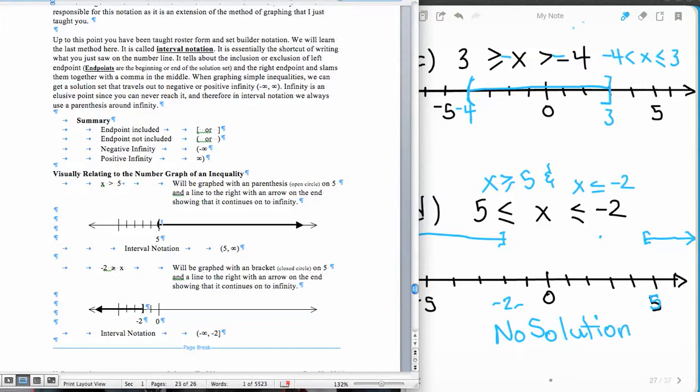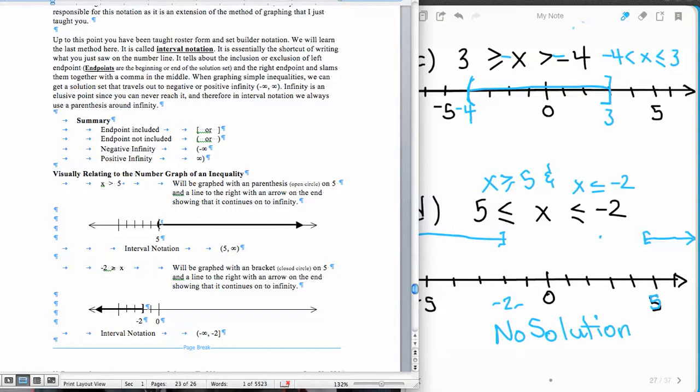So here you see x is greater than 5, and that's how we would have graphed it on the number line, the big dark bold line there. And interval notation is going to take a picture of the left and then take a picture of the right. So on the left we say 5 and it's not included, then comma, and where does it go? It keeps going and going, and that's the idea of infinity. So 5 to infinity, and this is what we call interval notation.